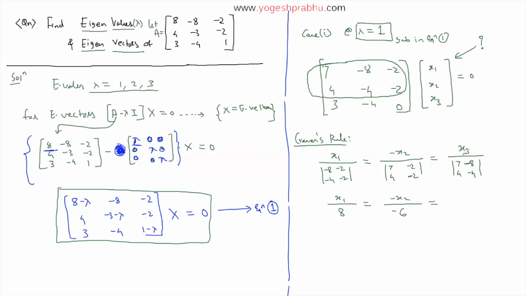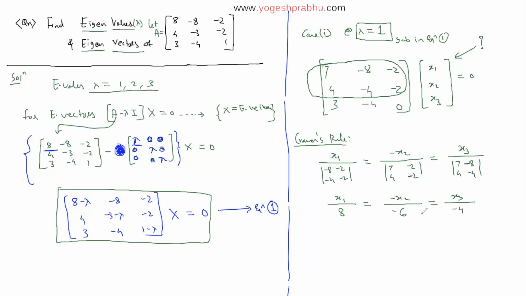And then for x3, you will write x3 divided by, let us simplify this, 7 4s are 28, that's minus 28, and plus 32. So that is going to be minus 4.